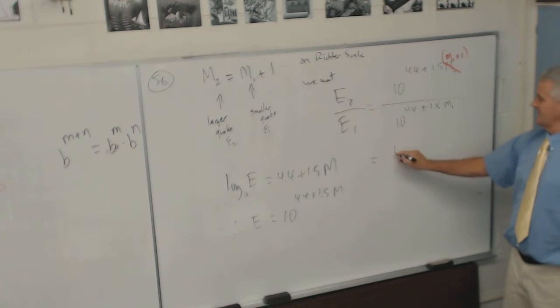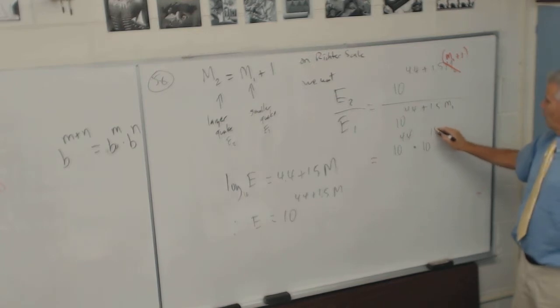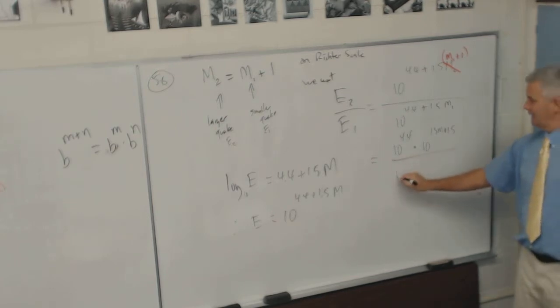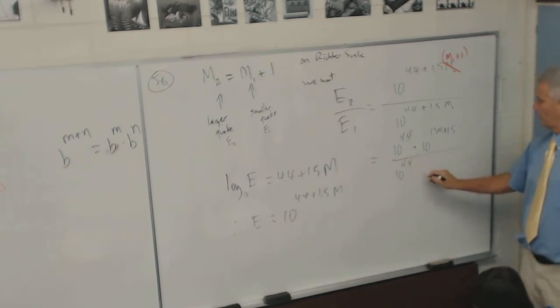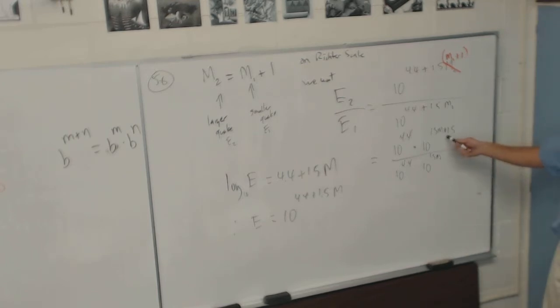So this is the same as 10 to the 4.4 times 10 to the 1.5 m sub 1 plus 1.5. And the bottom is 10 to the 4.4 times 10 to the 1.5 m sub 1, period. I'm going to break this up even more, okay?